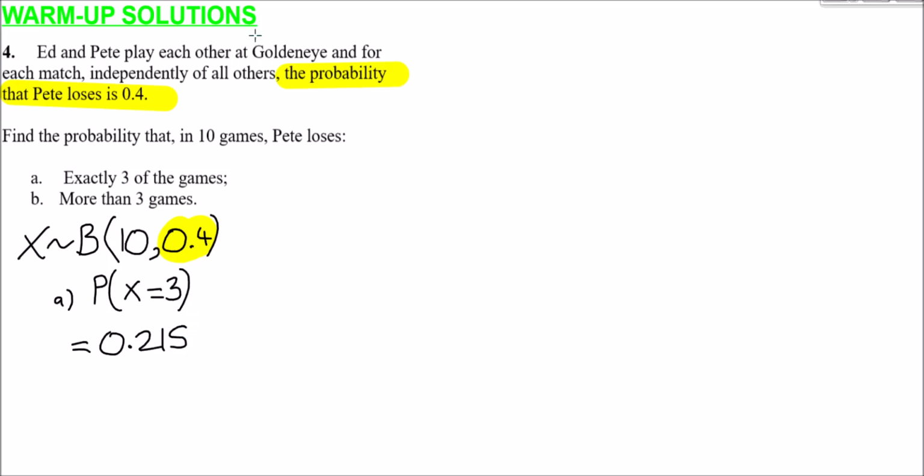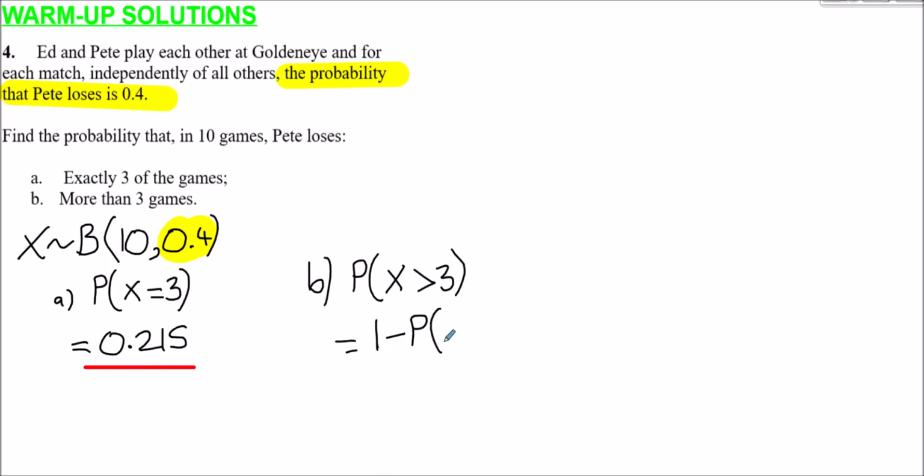Next, for part B, a slightly different question. Now we want to work out the probability he loses more than 3 games. So we want the probability that the distribution takes on a value greater than 3. That's the same as all probabilities apart from the probability that he loses 3 or fewer games.